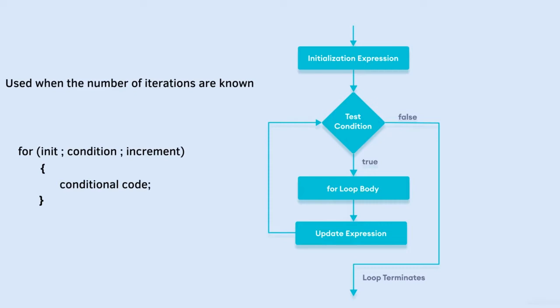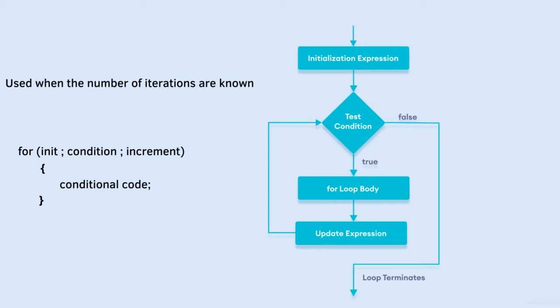Now how it will execute. First of all, the initialization will execute. It will initialize a particular variable with any particular given value. Before entering the body of the for loop, it will check the condition. If the condition is true, only then this code block will get executed. If the condition is false the very first time, it will not execute at all.